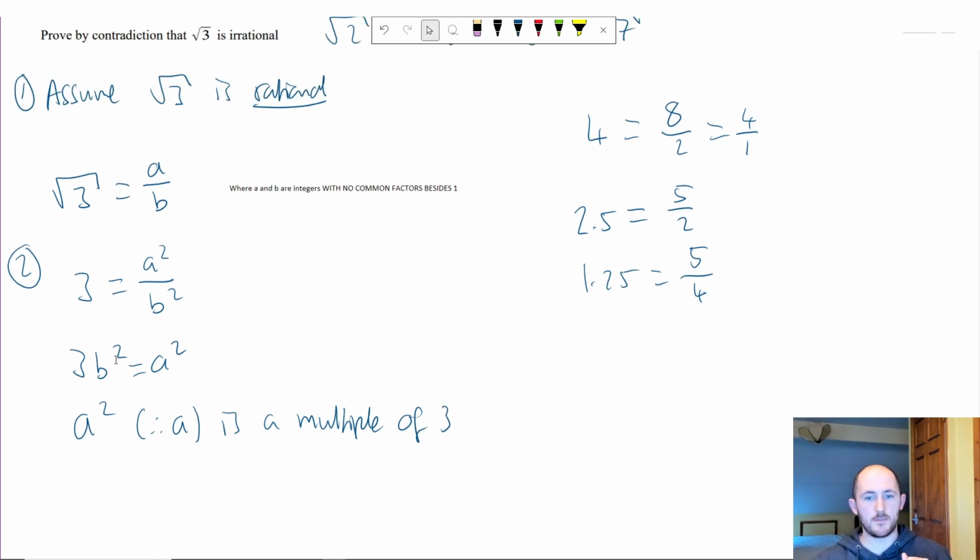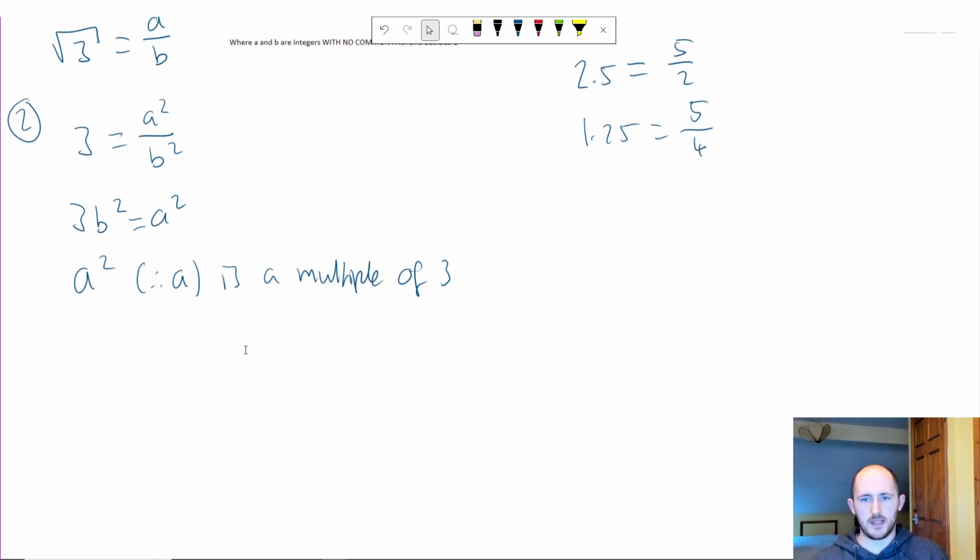Because 3 times an integer squared is a multiple of 3. Let's say b is 1 for argument's sake. 1 squared is 1, times 3 is 3. 3 is a multiple of 3. Let's say b is 2. 2 squared is 4. 4 times 3 is 12. 12 is a multiple of 3, and so on. 3 times any integer, even if it's squared, will be a multiple of 3. So a is now a multiple of 3. We know that for sure.